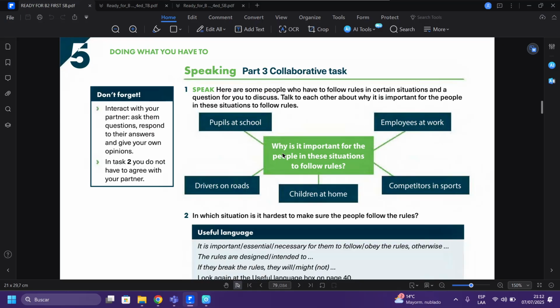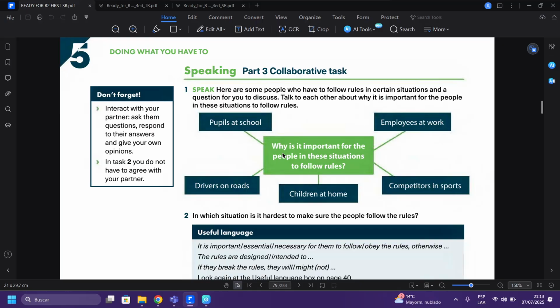Because if they don't follow rules, they may have injuries, and it affects the integrity of the competition. Also, rules provide for a fair competition, preventing unfair advantage and protecting the participants from injuries.